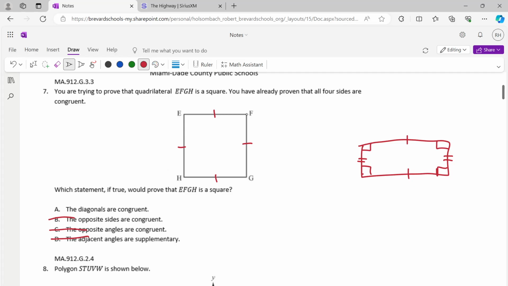The diagonals of a square are not only congruent, but they are perpendicular. And that's just a rule related to a square. The diagonals in a rectangle may also be congruent, but since we know that all sides are congruent and the diagonals are congruent, then we have a definition of a square.